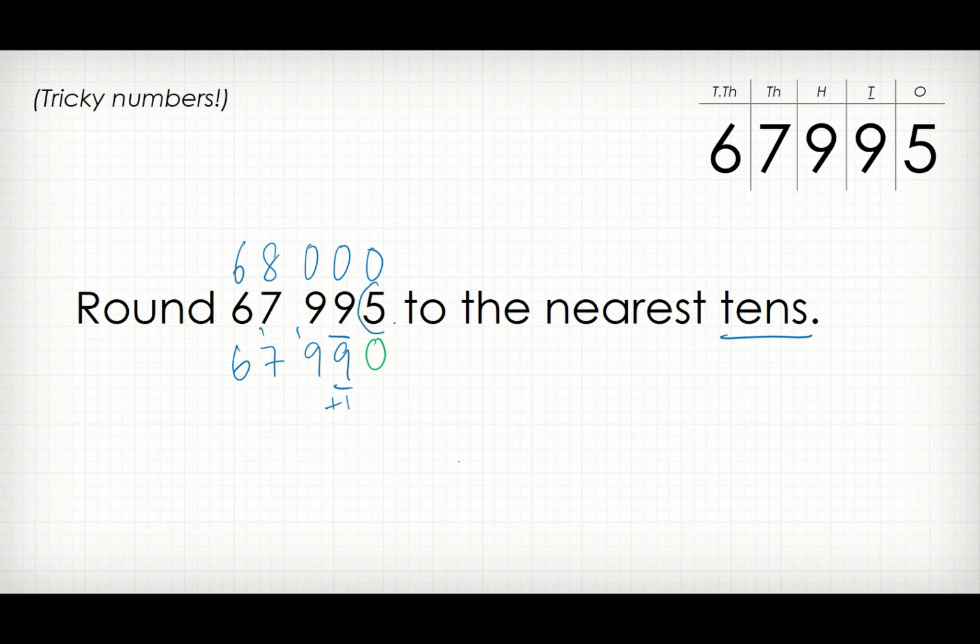Finally, circle the digit on the right, and this tells me to round up. So my answer is 68,000. So 67,995 when rounded to the nearest tens would give me 68,000.